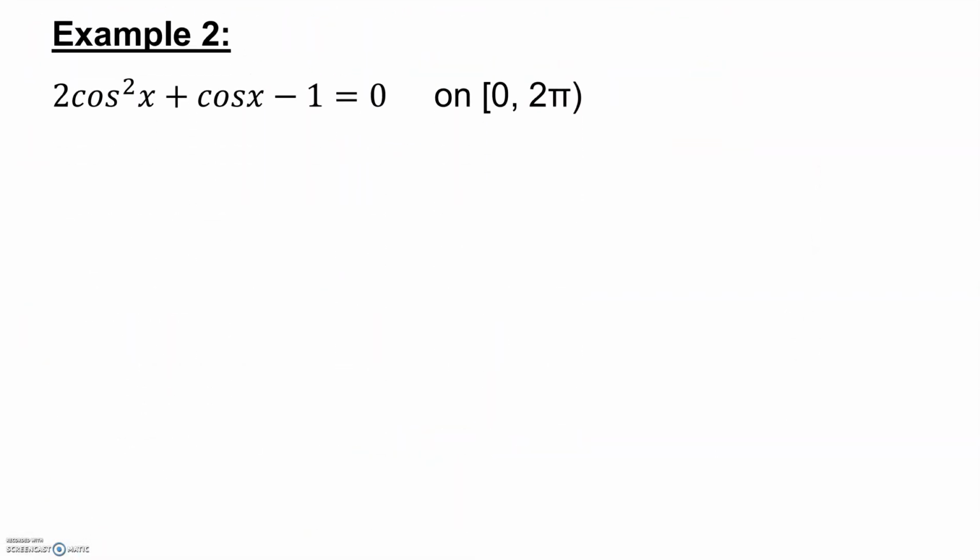Okay, here's our next problem. This looks a lot like a quadratic. In fact, it looks a lot like 2x squared plus x minus 1 is equal to 0, which we would probably factor to be this. Well, instead of x's, we've got cosine of x's.